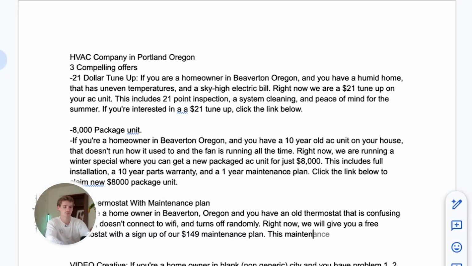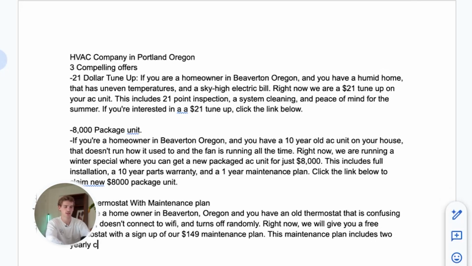This maintenance plan includes two yearly checkups, coil cleanings, and peace of mind during the summer season.